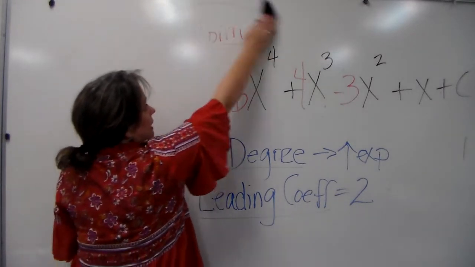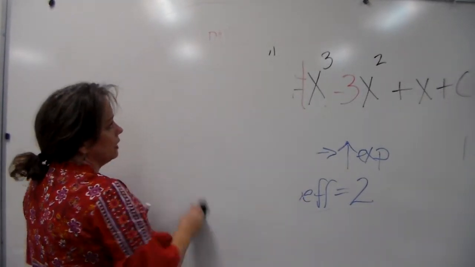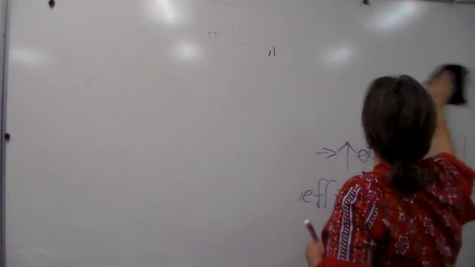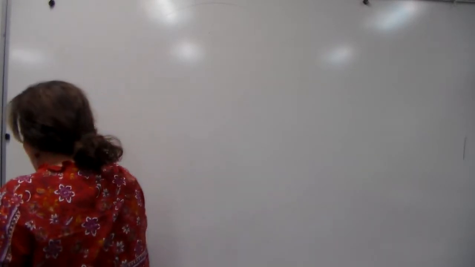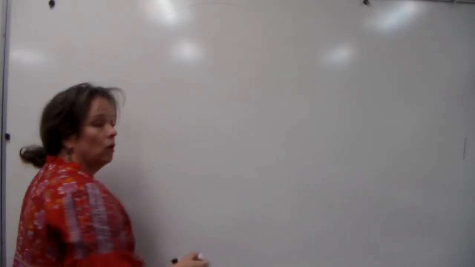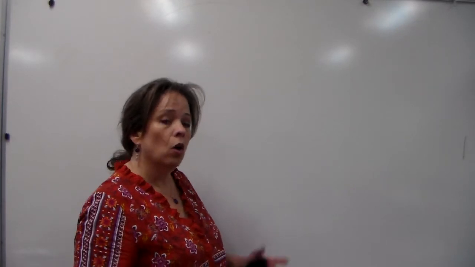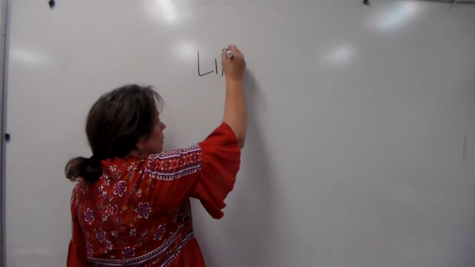Now, the next idea that's really important in this section is the idea of like terms. Like terms. So let's talk about like terms. When we're adding and subtracting polynomial terms, we can only combine like terms.